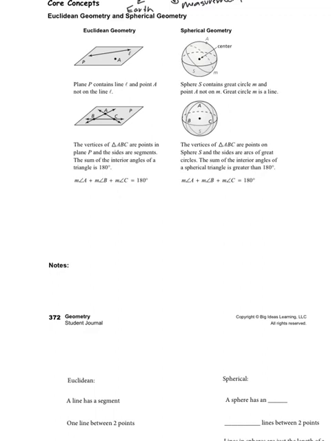So let's look at this next example. The vertices of triangle ABC are points in plane P, and the sides are segments. The sum of the interior angles of a triangle is 180 degrees, meaning the measure of angle A plus the measure of angle B plus the measure of angle C is exactly 180 degrees. Now, in spherical geometry, the vertices of triangle ABC are points on sphere S, and the sides are arcs of great circles.